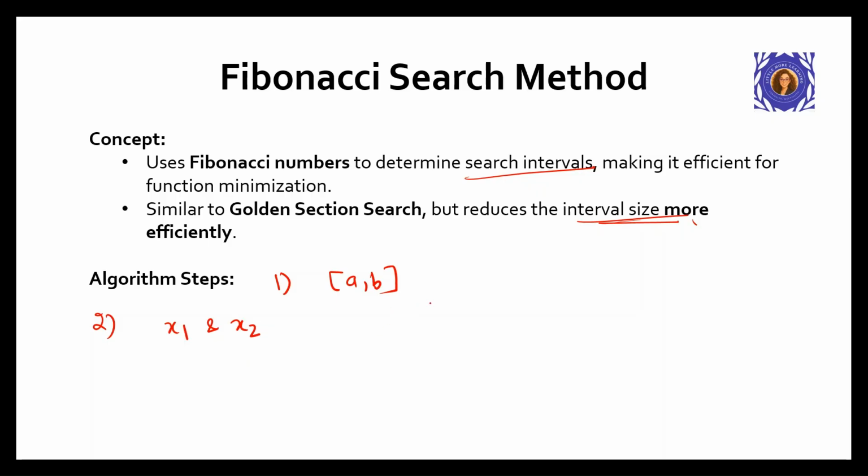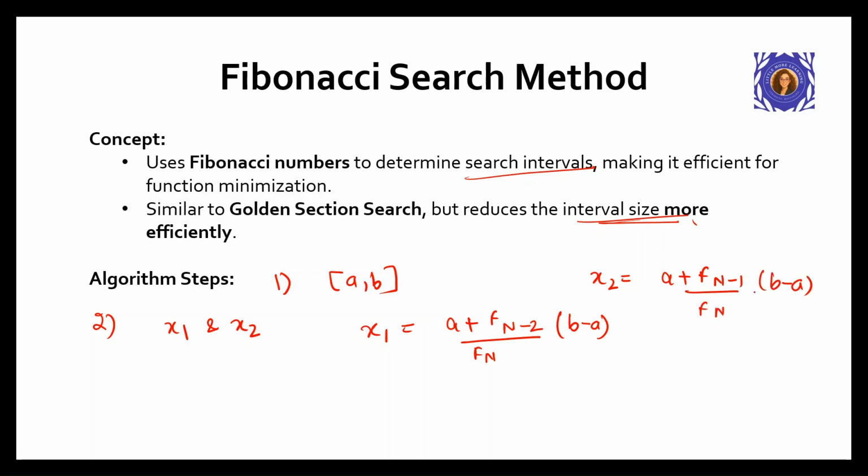Using the Fibonacci numbers, x1 equals a plus (F_{n-2}/F_n)(b minus a). For x2, we can have it as a plus (F_{n-1}/F_n)(b minus a). This is how you can compute these x1 and x2.